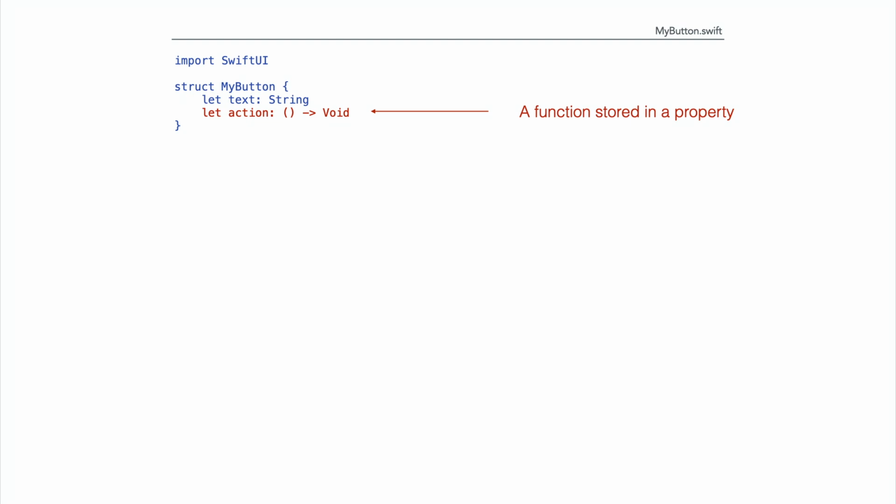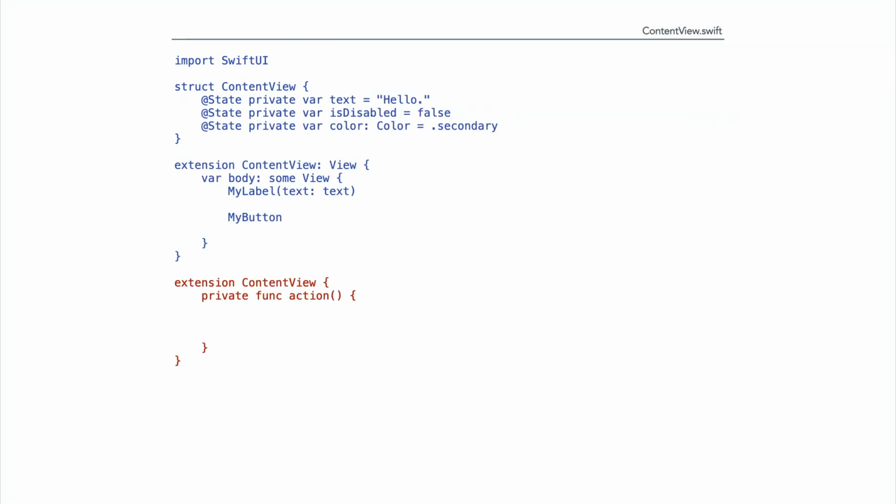And so here I have a function that takes nothing and returns nothing, and we're storing it inside of the property named action. So we have to define our function somewhere. We'll define it as a method in an extension of content view. And inside this action, we'll do three things. We'll set disabled to true, we'll change the text, and we'll change the text color. Now I say that, but actually we're just changing three properties.